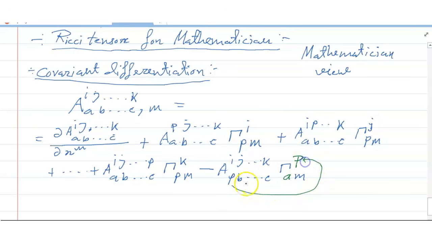This is the dummy index and a is replaced in here. This is the second kind Christoffel symbol.